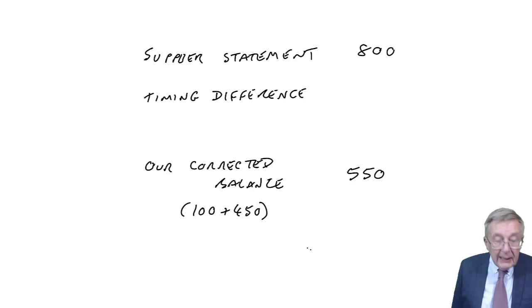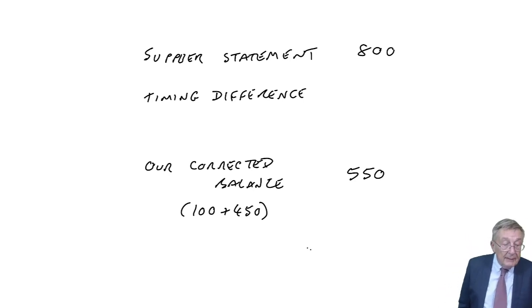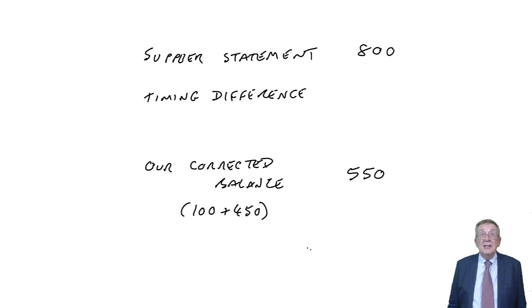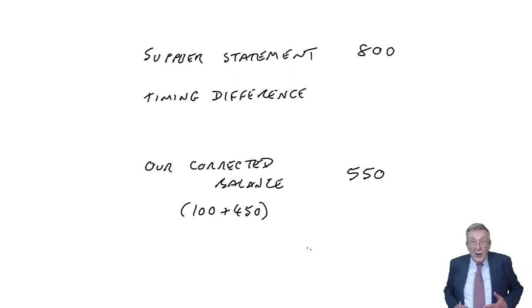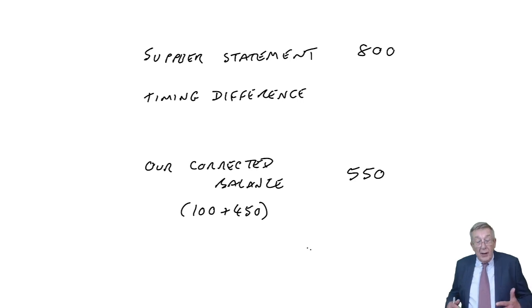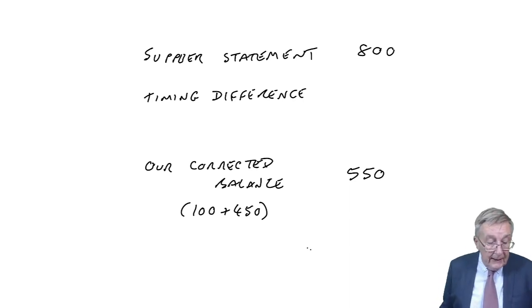The supplier did send an invoice before the 30th of June, and has recorded it. It's included in the 800. We haven't received it, so we haven't done anything wrong. We'll record it when we do receive it. But at the moment, that's why the two are different.